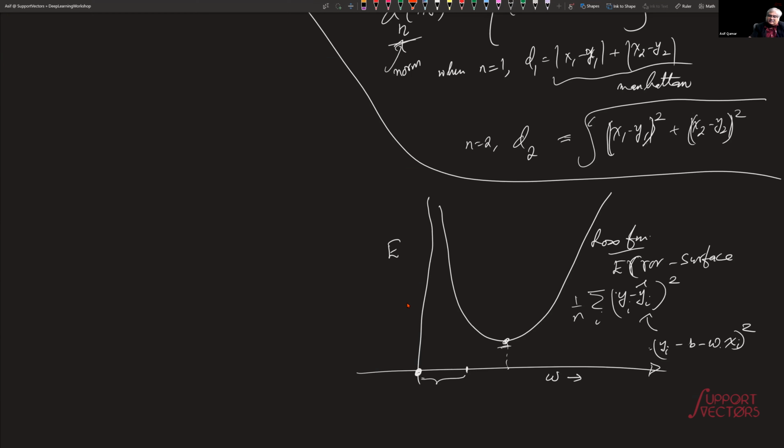Let's write it down. So you realize that, see, when you're learning, the error function depends on the weight. What is the parameter value? And I'm just keeping b as constant for the time being. I want to show things in one dimension. So guys, are we together? This is the equation.